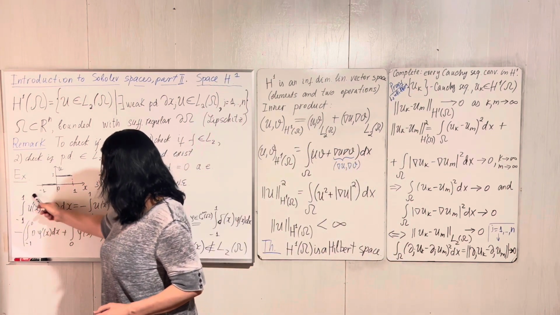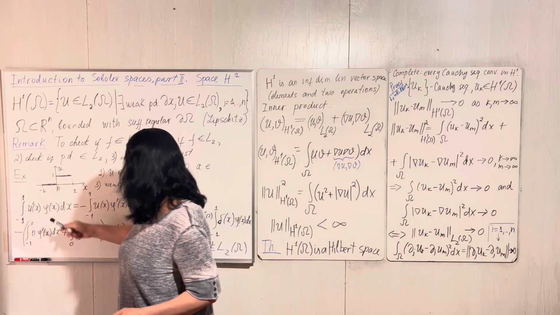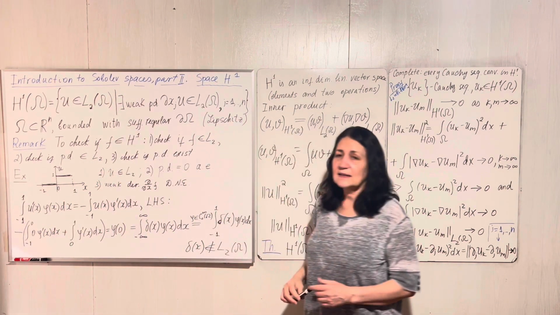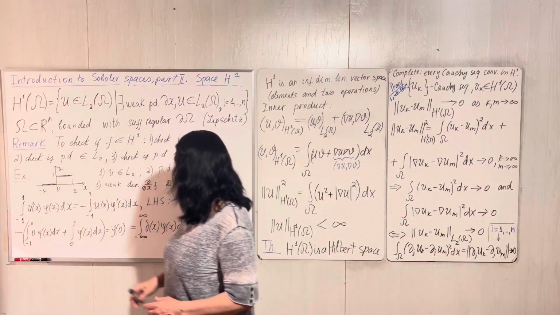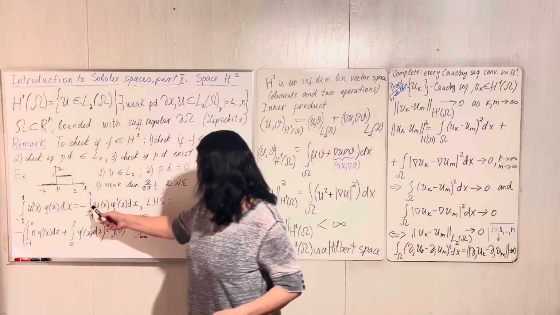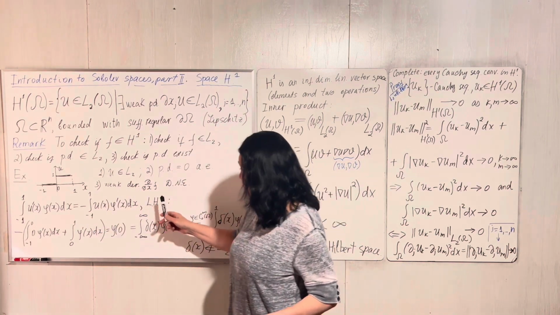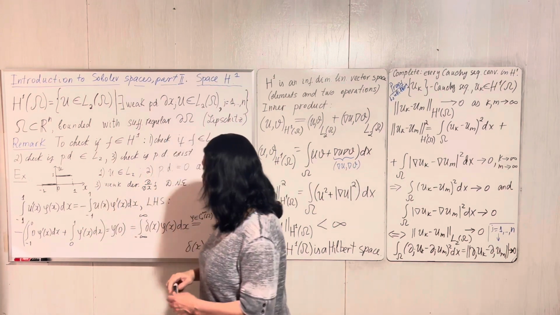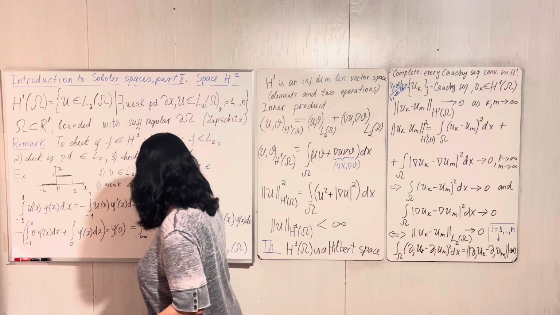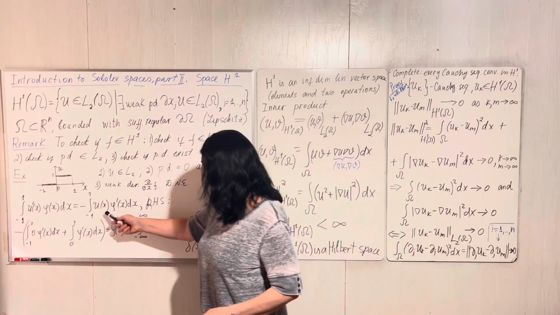If we want to compute u prime, we have to take a function phi, a test function, that is infinitely differentiable with compact support, and switch the derivative. So now let's start with the right hand side and try to compute it.